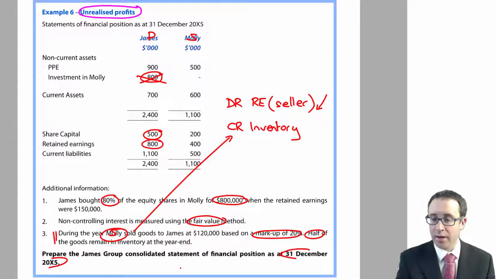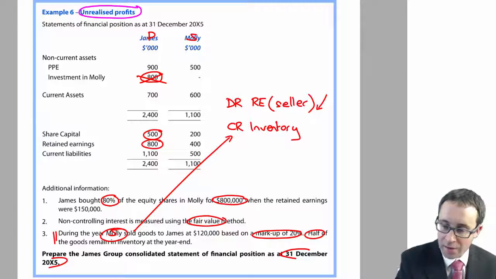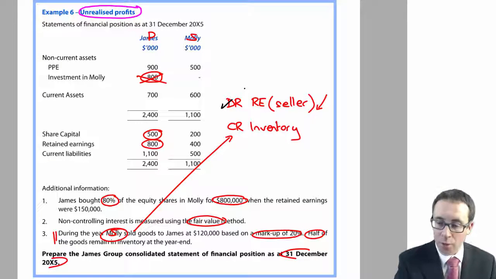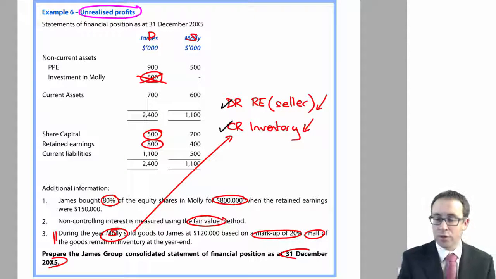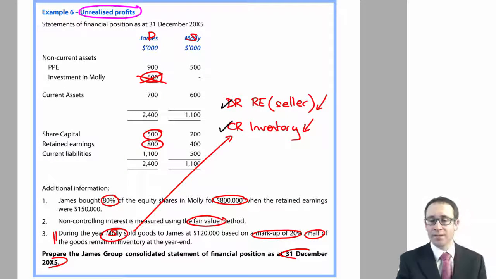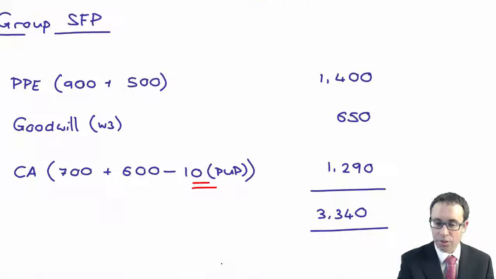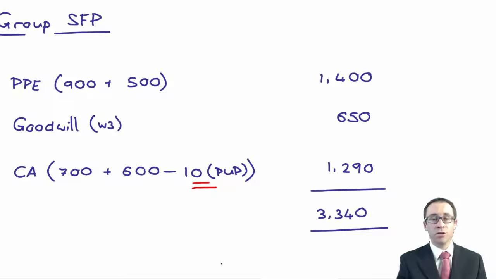Because what you've got there is that we went through, didn't we, and debited the retained earnings of the seller. We also needed to go through there and credit the inventory, reduce the inventory on a line by line basis. So here, inventory was a current asset. I need to reduce it by 10, which gives me then 1290 as current asset. So do be careful.